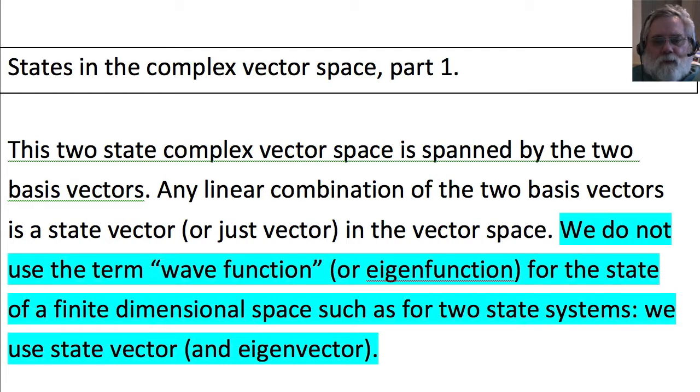Any linear combination of the two basis vectors is a state vector or just a vector in the vector space. We do not use the term wave function or eigenfunction for the state of a finite dimensional space, such as for two-state systems. We use state vector and eigenvector.